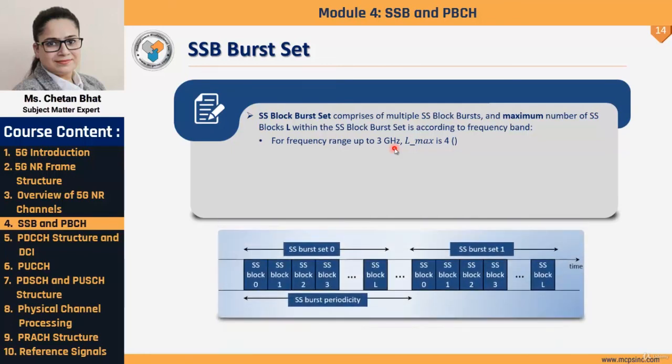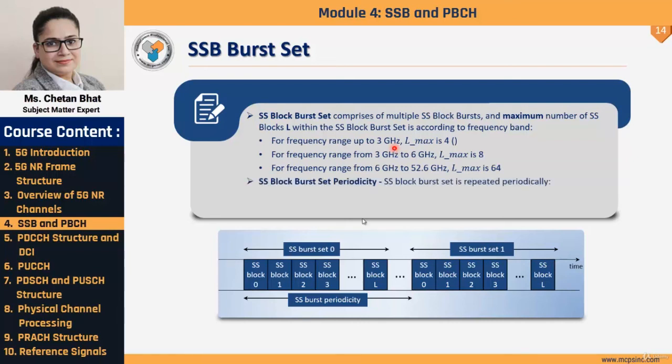If the frequency is between 3 and 6 gigahertz, then it is 8. If the frequency is between 6 and 52.6 gigahertz, then the maximum number of SS blocks within an SS burst is 64. So here we have SS burst 0, 1 and so on, and the number of SS blocks will depend upon the frequency range.